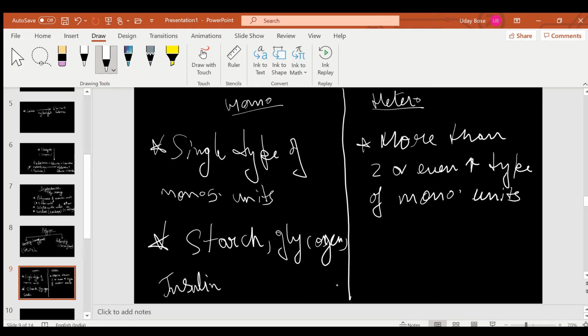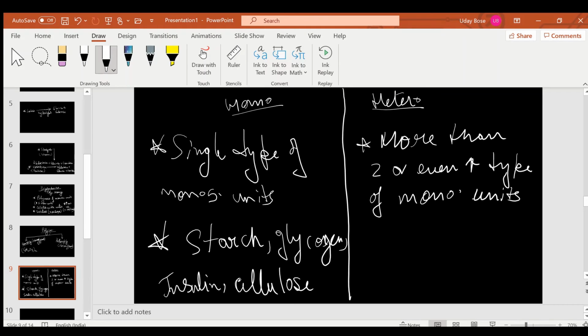Then another example, cellulose, which is the cell wall. Plant cell wall has cellulose as one of its most important components.